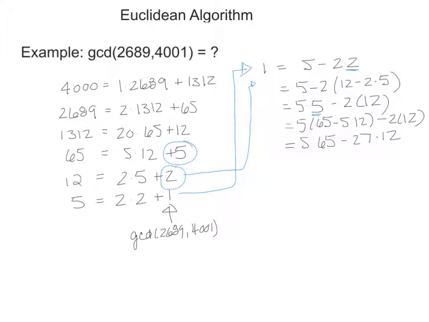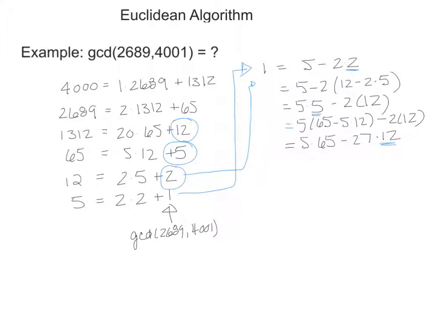Working my way up, so now I want to substitute this 12 in my equation with the 12 here, the remainder. So again, I look at the remainder to see what I can substitute. So for this 12, I am going to substitute 1312 minus 20 times 65.